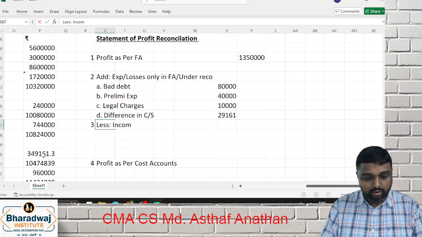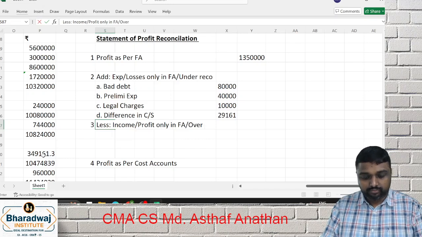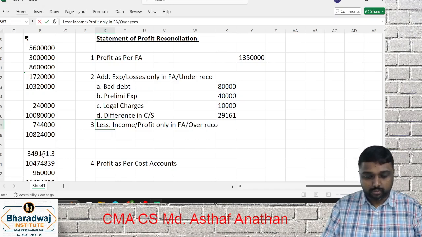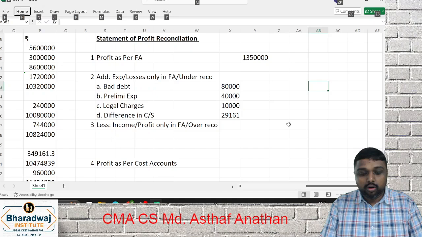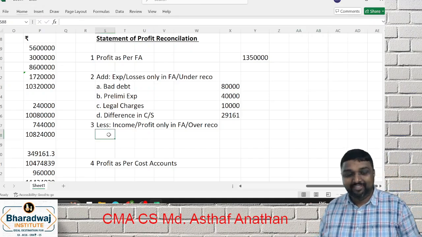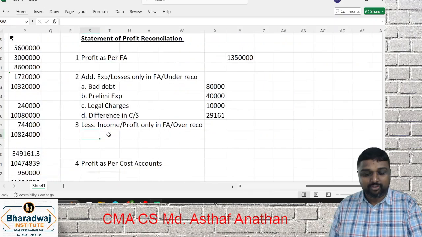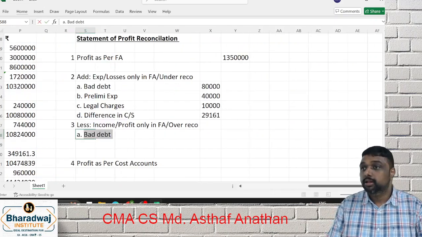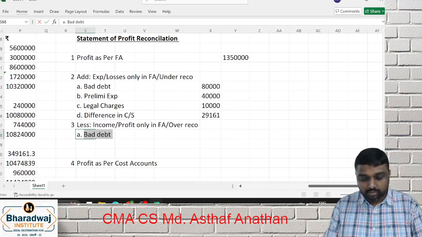Here you have to go for income or profit only in financial accounts. Then there is the profit only in cost accounts. Very easy. We identified the profit and all. Tell my dear friends, what are the profits? Dividend.